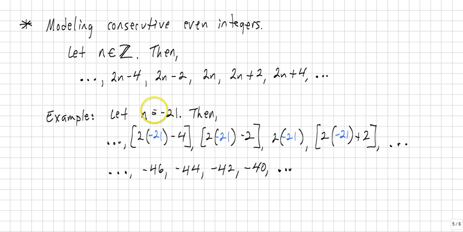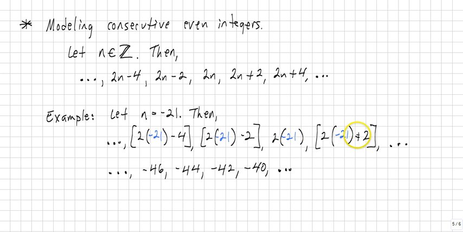Looks confusing, but if you pick an actual integer and plug it in, it makes sense. So I picked the integer negative 21. So if I plug negative 21 into our, don't really want to call it a formula, but it's kind of what it is. If I plug negative 21 in for n, then when I double that, I get negative 42, which is an integer.